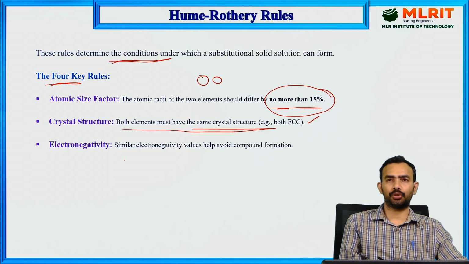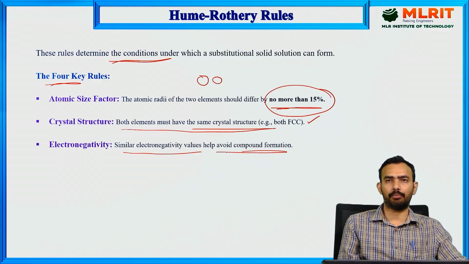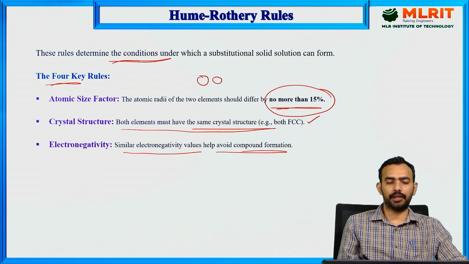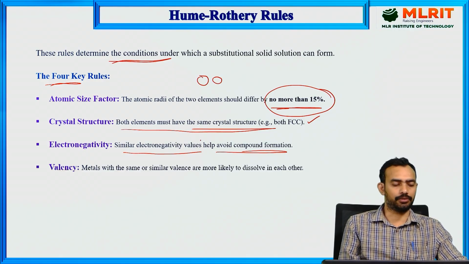Both should have similar electronegativity values, which helps avoid the formation of compounds. Instead of forming a compound, it will form a single phase alloy, right? Solvent and solute atoms both should have similar electronegativity values.